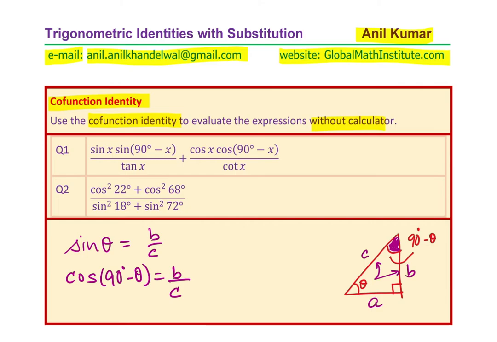So we come to an identity which is cos of 90 degrees minus theta is equal to sine theta. Similarly, you can show that sine of 90 minus theta will be cosine theta, and this is what we call cofunction identity. So now I hope it is absolutely clear.